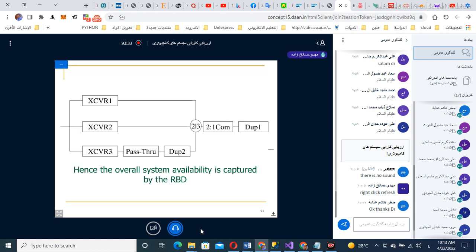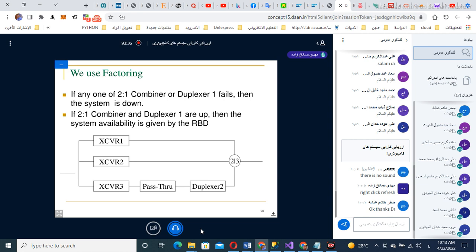Do you see the picture? Or you don't see the picture?